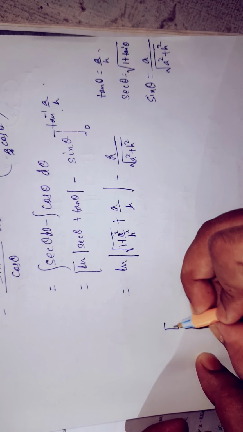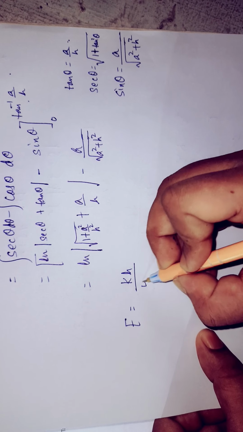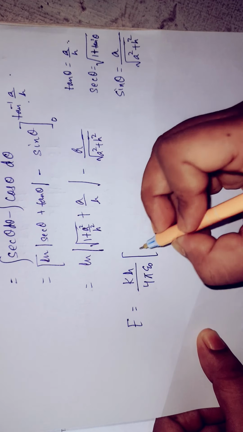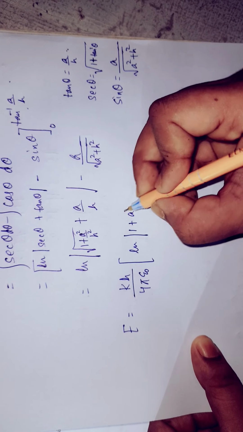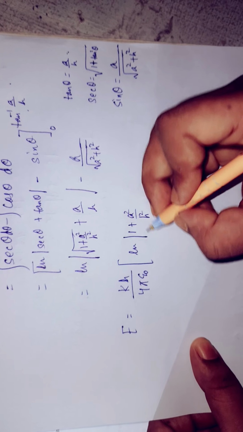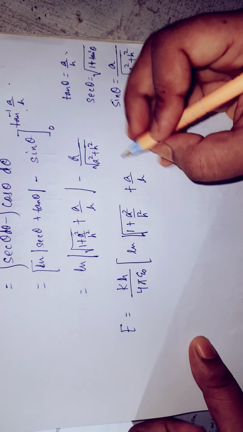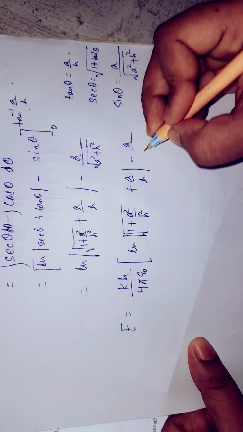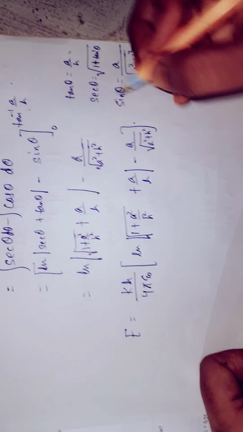Now substituting it in the equation, I'll get kh by 4 pi epsilon naught, then ln root over of 1 plus a square by h square plus a by h, minus a by root over of a square plus h square, into 2 pi.